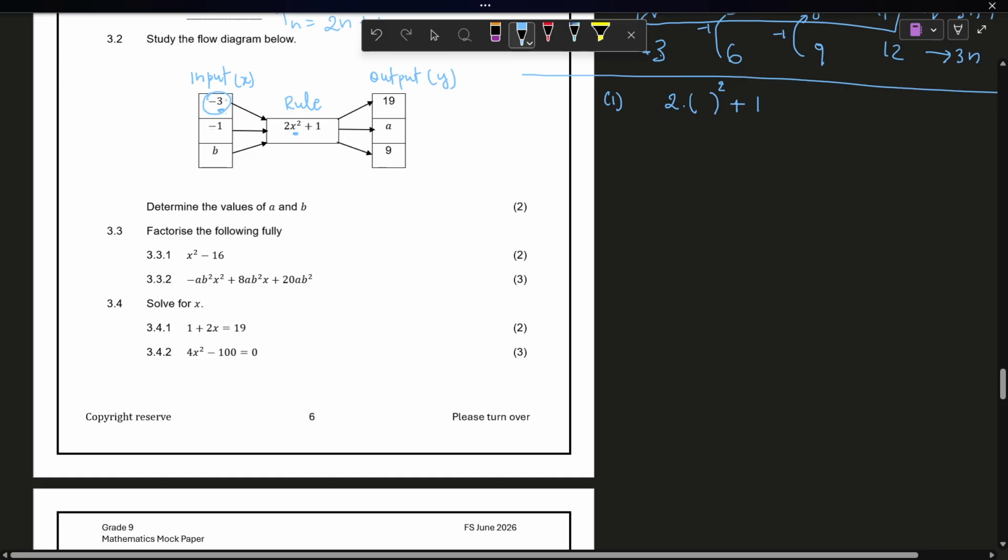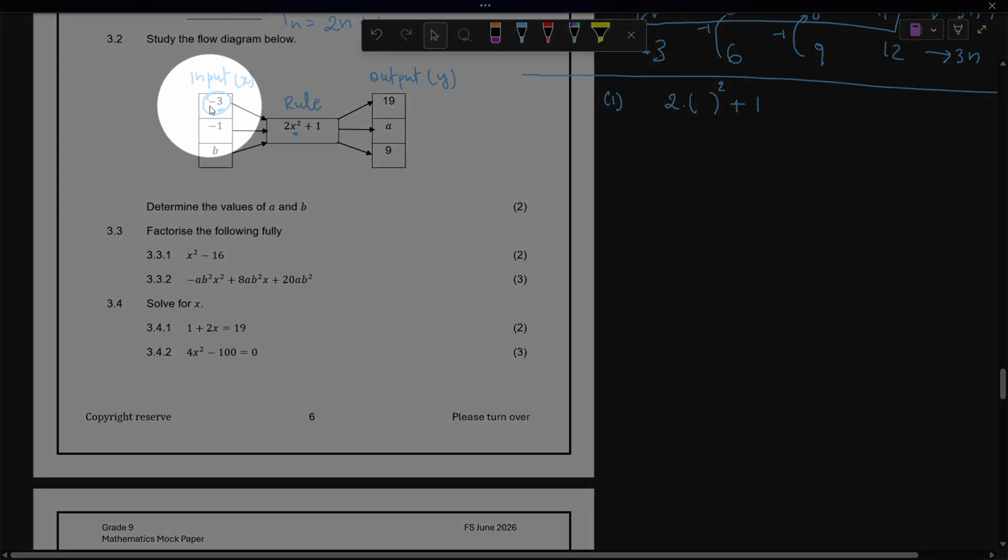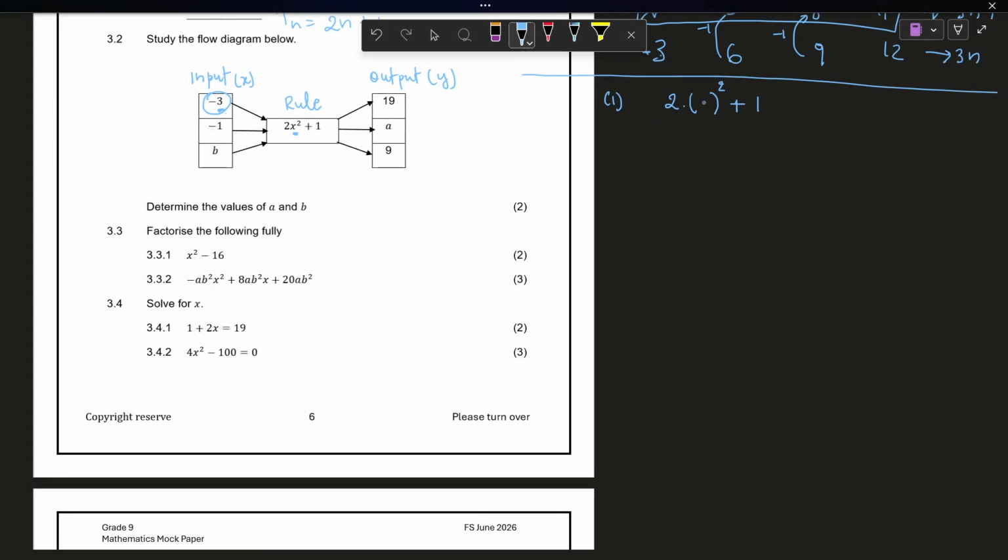In this case, my input is, so you can see right here. Let me just show you here where we are. So you take the -3 here. We need to put it inside our bracket right here. Oh, I just deleted, sorry. So this is what we got.